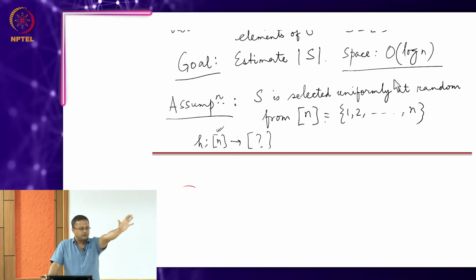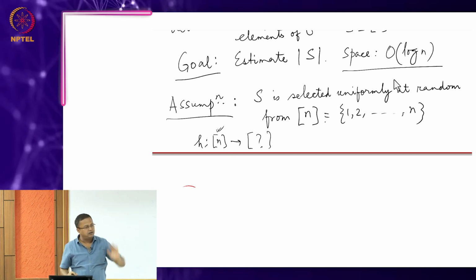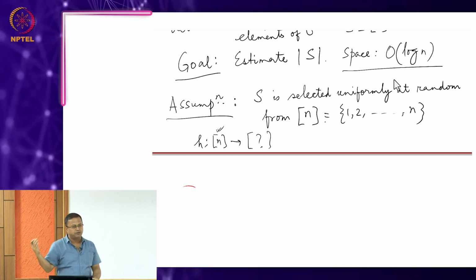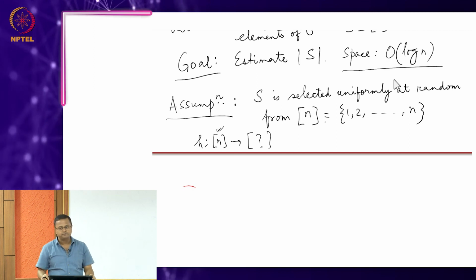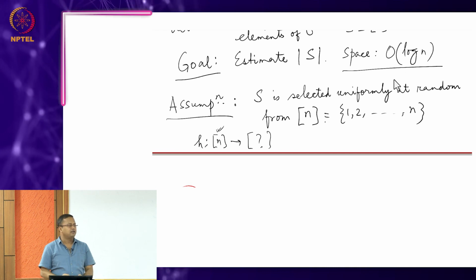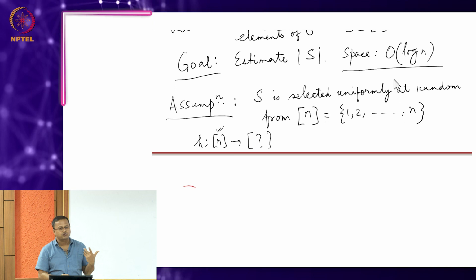Each element of the stream comes, pass it to the hash function and let it go. As the hashed values come, you just figure out the minimum. Because hashing simulates this assumption, the rest of the theory goes through.